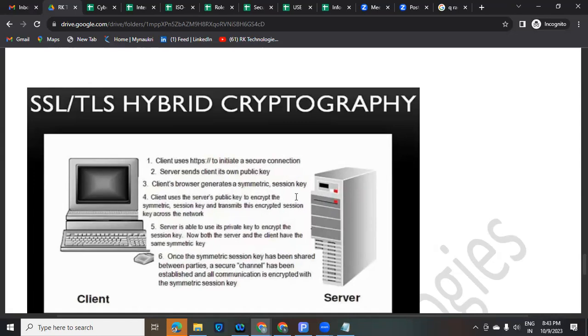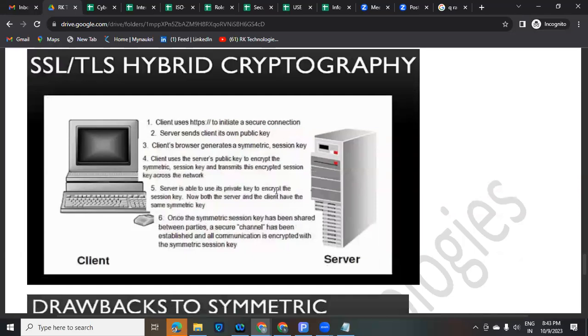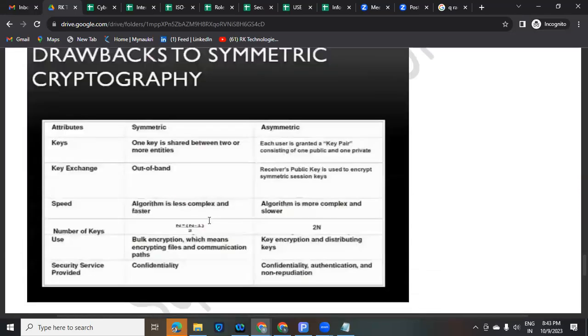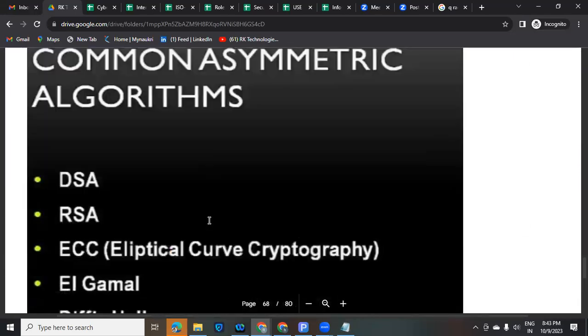I will go through different types of documents, for example ISACA, European Council, ISC Square, the CISSP book, and also the CISM book and CISA book, and I make all these customized material. And you can see differences between symmetric and asymmetric also.